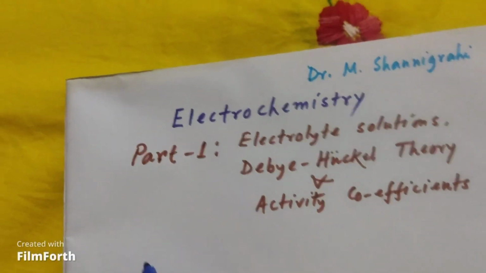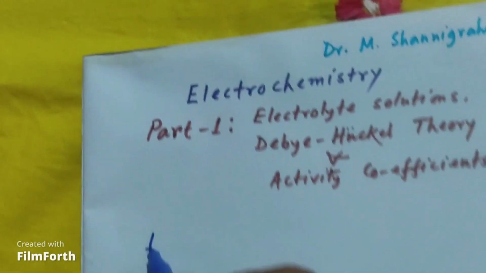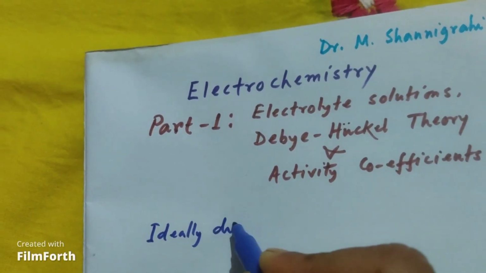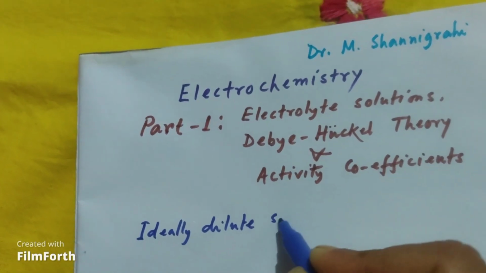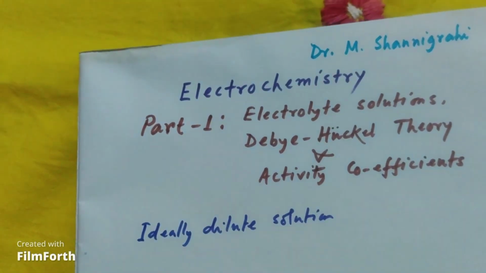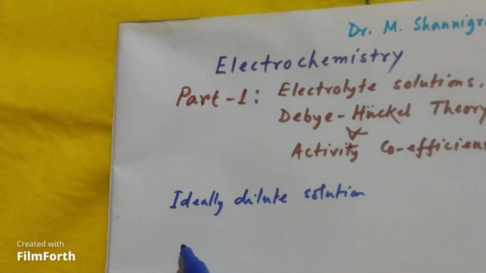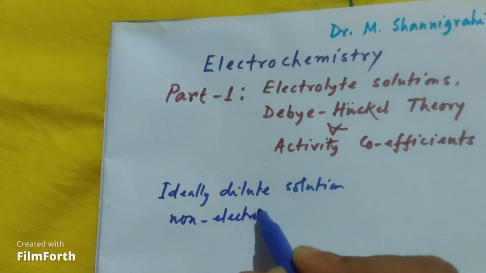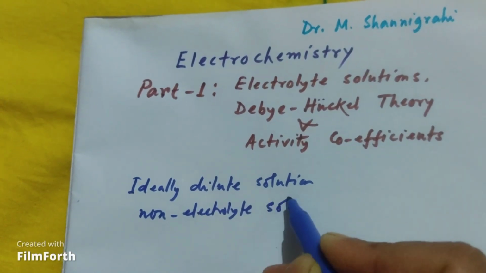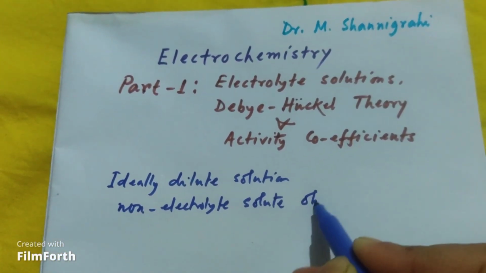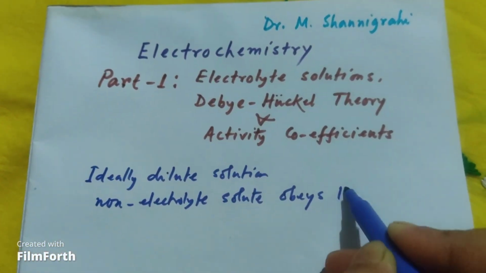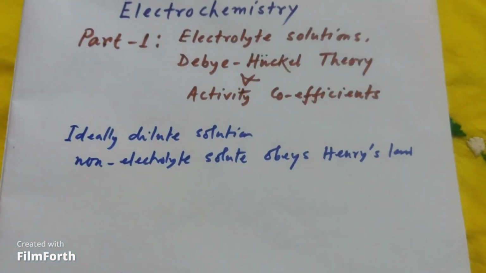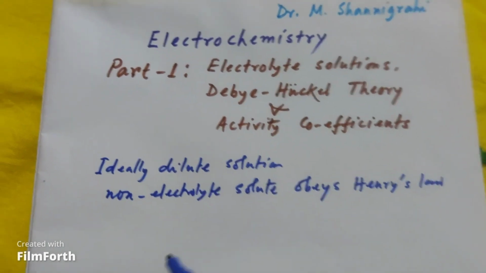So in an ideally dilute solution, the non-electrolyte solute obeys Henry's law, and the solvent obviously follows Raoult's law.